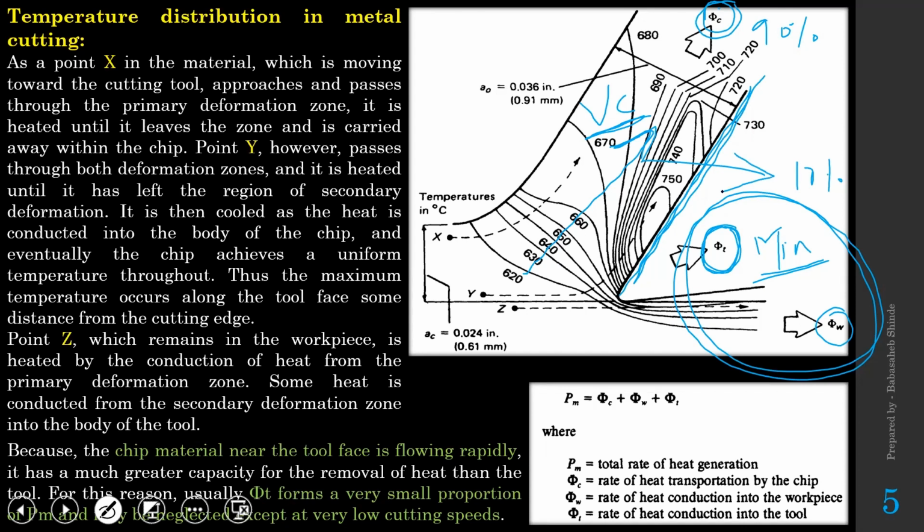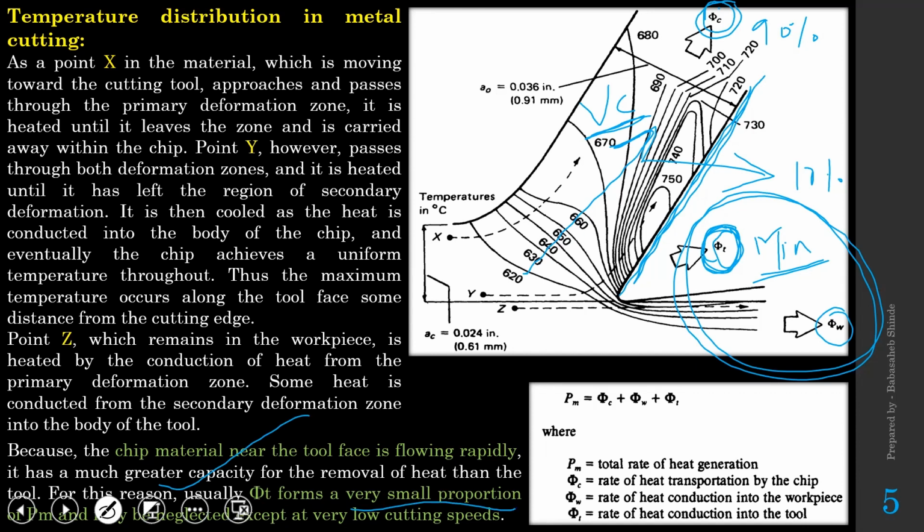And that's why this phi T is going to have the minimum value, and in most cases that phi T will be neglected. Phi T forms a very small proportion of PM, and that will be neglected.